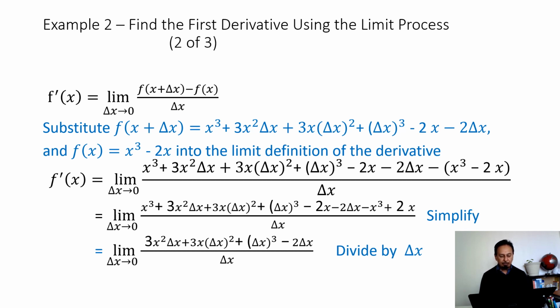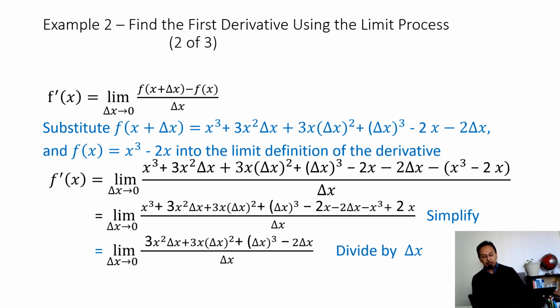And for f of x, we substitute x cubed minus 2x. So f prime of x becomes the limit as delta x approaches 0 of x cubed plus 3x squared delta x plus 3x delta x squared plus delta x cubed minus 2x minus 2 delta x minus x cubed minus 2x.